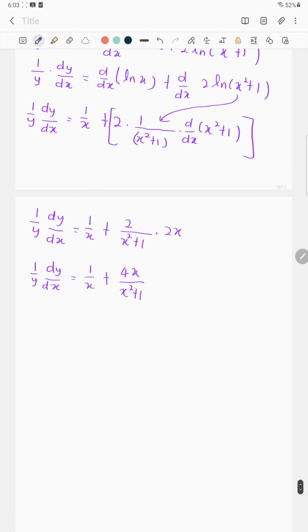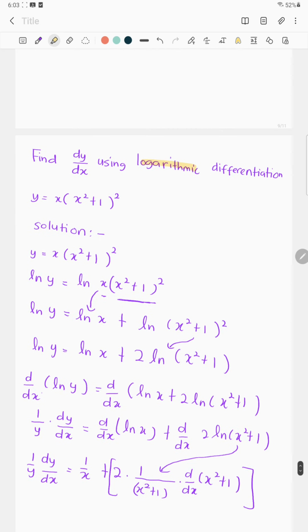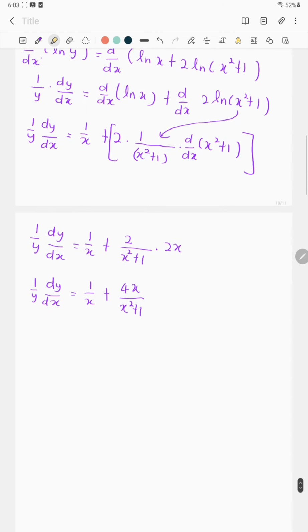Since the question asks to find dy over dx, we need to make dy over dx stand alone at the left side.